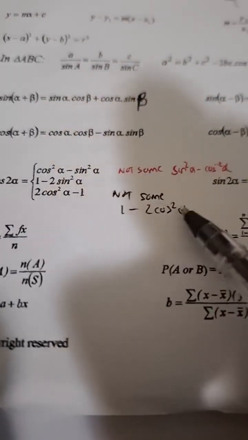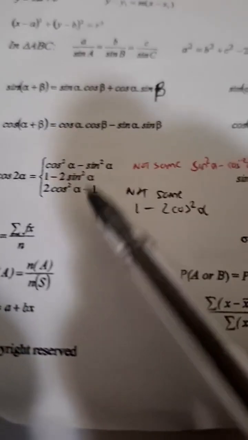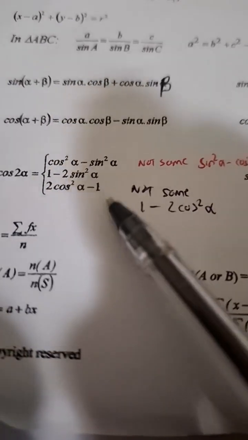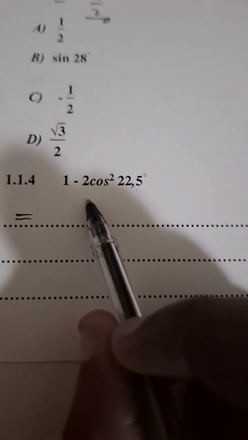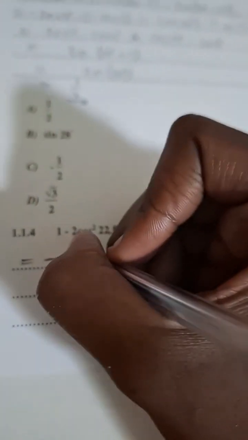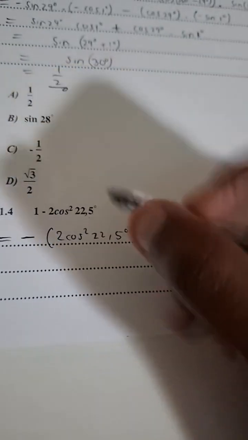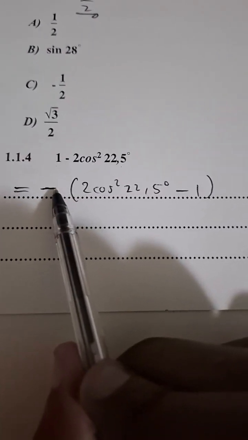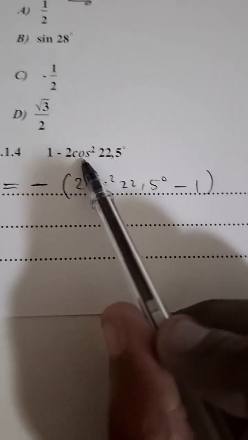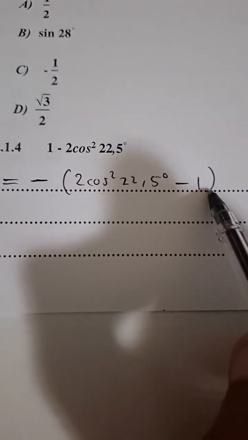But how do we make this become the same as that? We apply the sign change rule. What do we do when I say we apply the sign change rule? We take out a negative, then we rewrite this as 2 cos squared 22,5 degrees minus 1.